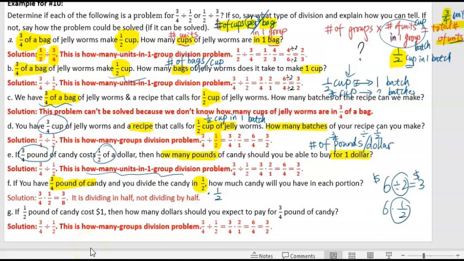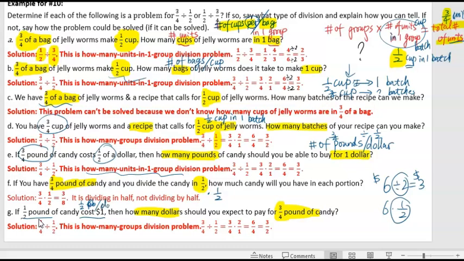Finally, the last one: 1/2 pound costs $1. The question is, how many dollars should you buy for 3/4 pound? Notice this number is 1/2 per dollar. So this number given is 1/2 pound per dollar, that's the units in one.